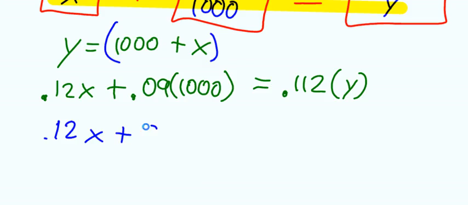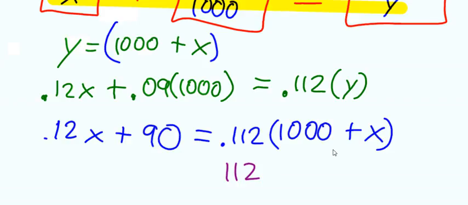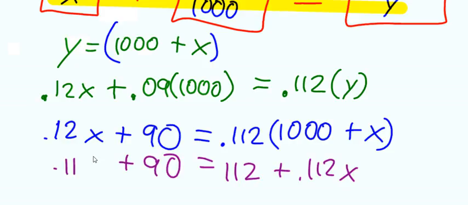It's 90 equals 0.112 times Y, and we're substituting 1,000 plus X. So distribute: 0.112 times 1,000 is 112. 0.112 times X, and we're solving for X.